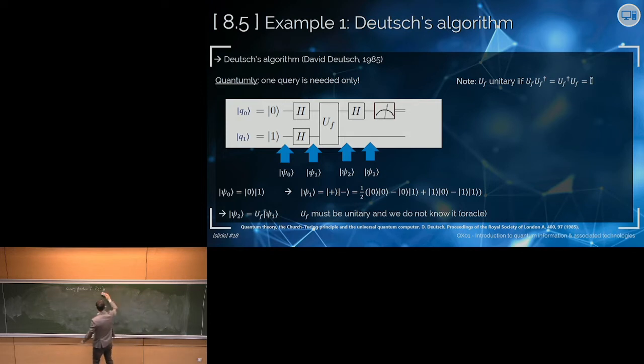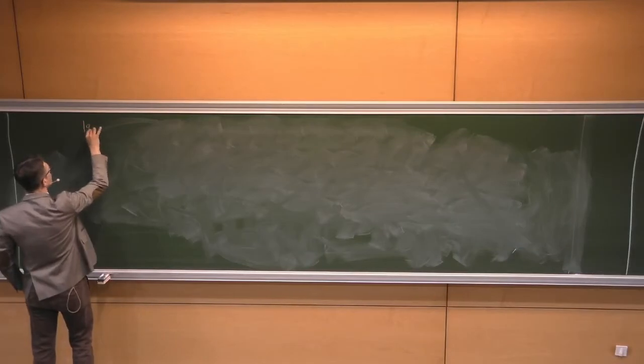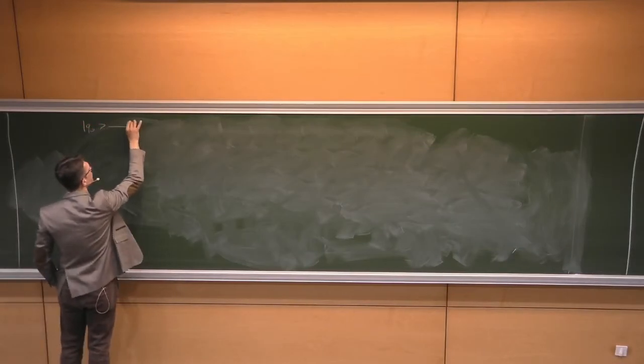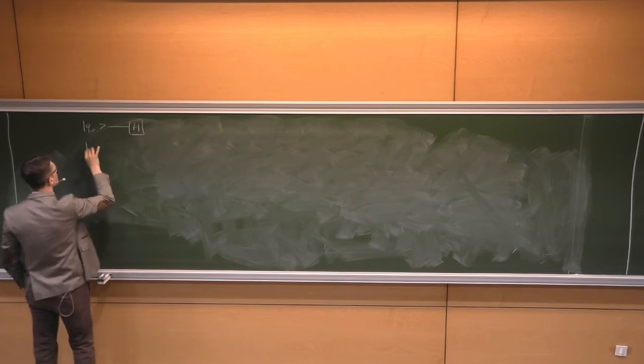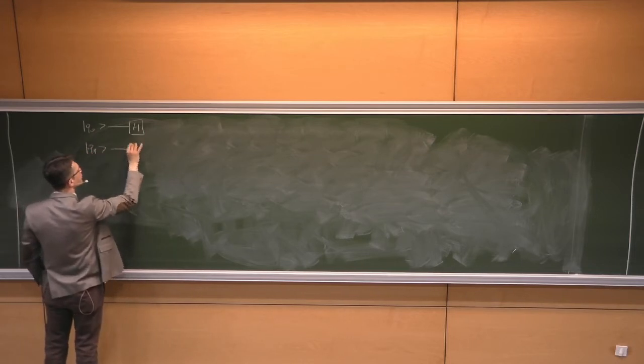Okay? And then you put each of them into a superposition state through Hadamard gates. Remember, H is the Hadamard gate. So again, I try to map the quantum circuit with the mathematical notations. If I start here, Q0 has a Hadamard gate, and Q1 has a Hadamard gate.